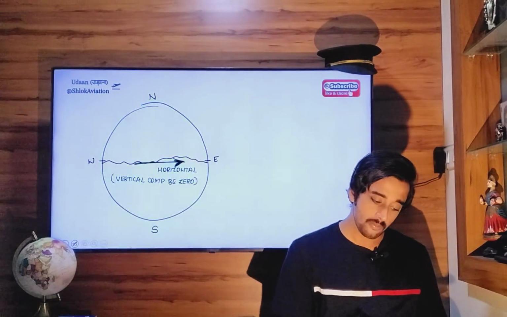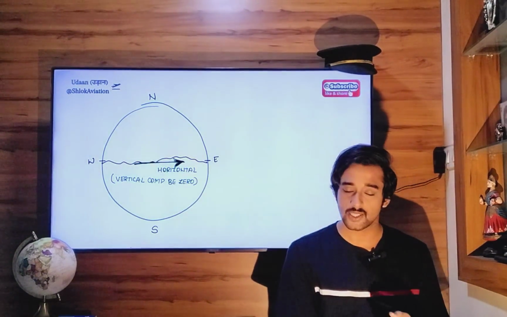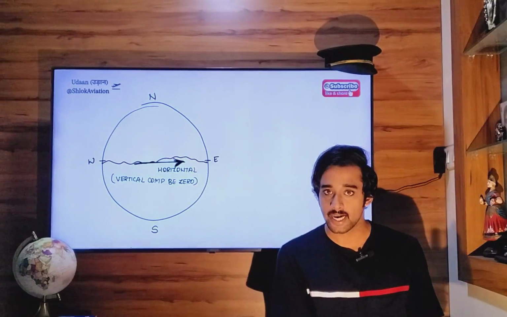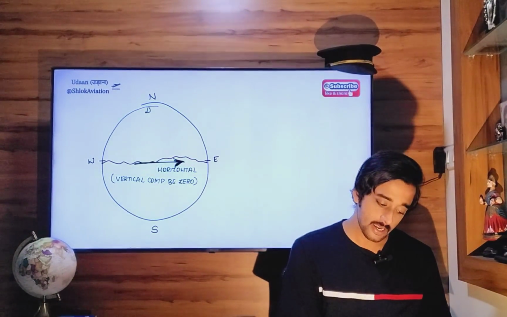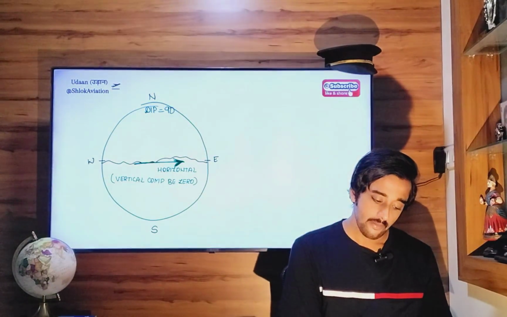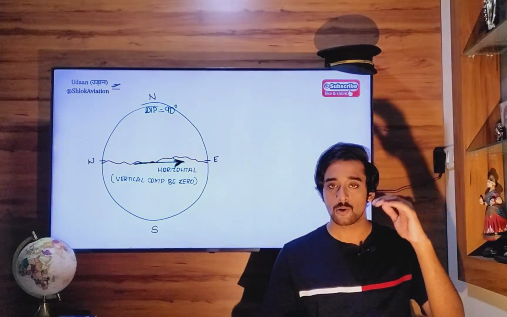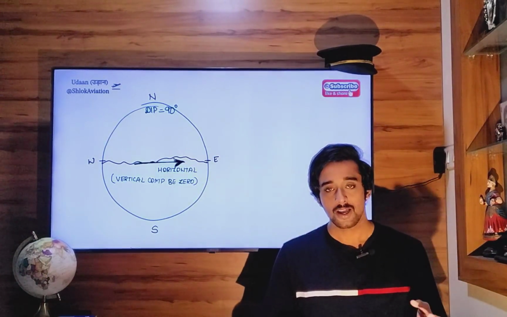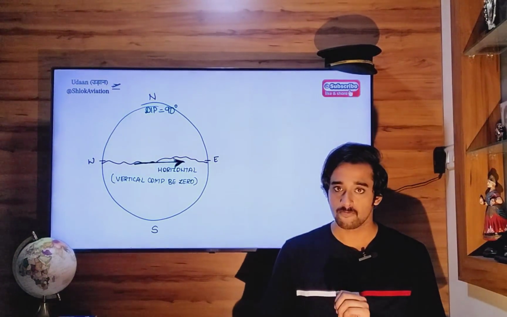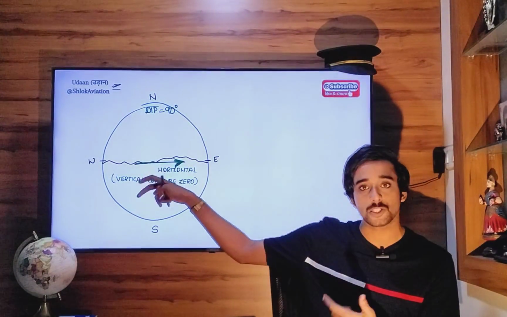Now, when you go to magnetic latitude, that is north pole or 90-degree latitude, 90-degree north or 90-degree south, over there the dip angle will be equal to 90 degree, because at magnetic north latitude or south latitude, the vertical component will be maximum, the horizontal component will be minimum. It will be reverse of this, opposite of this.